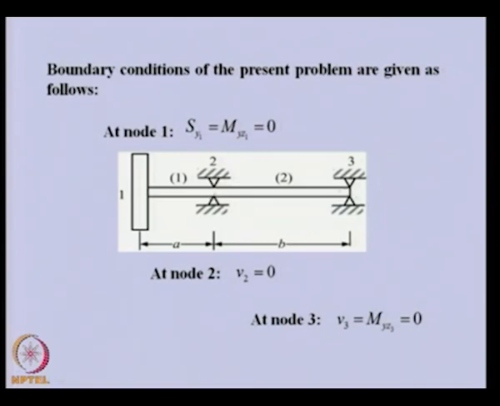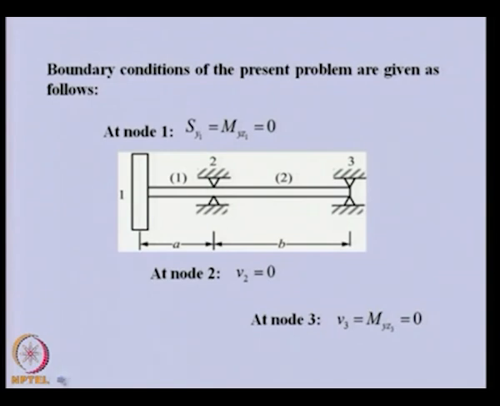It is very important to observe the difference between these two support conditions, because on the right hand side, there is no further extension of the shaft. So the bending moment is 0. But here, because this shaft is continuous, there will not be 0 bending moment at this location.